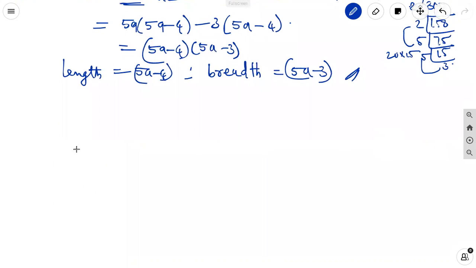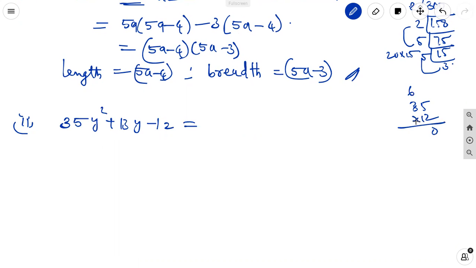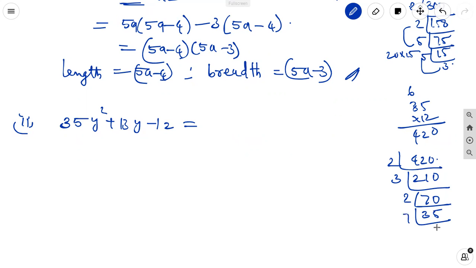Second one, 35y square plus 13y minus 12. 35 into 12: 12 5s are 60, 12 3s are 36 plus 6, 420. 420 factors: 2 2s are 4, 3 70s are 210, 2 35s, 7 5s.